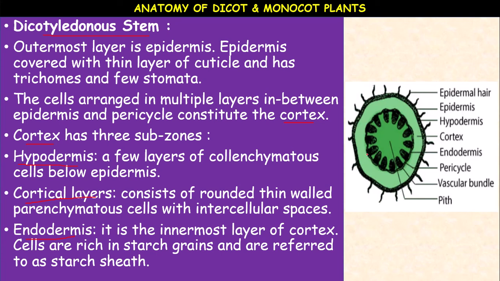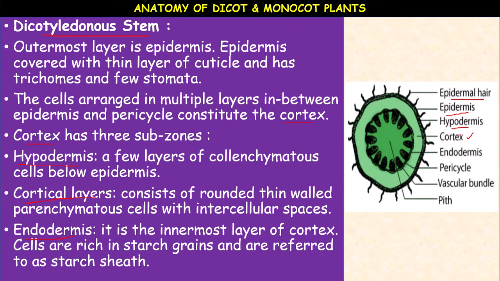See, this is the structure of a dicotyledon stem. Epidermal hairs are present. Epidermis is the outermost layer. Next to the epidermis is the hypodermis.